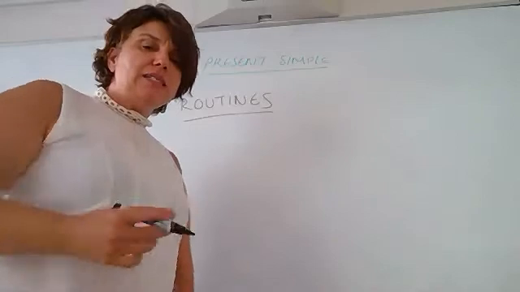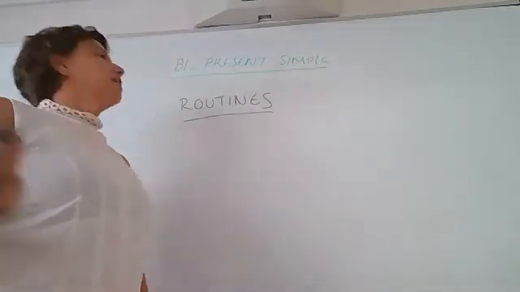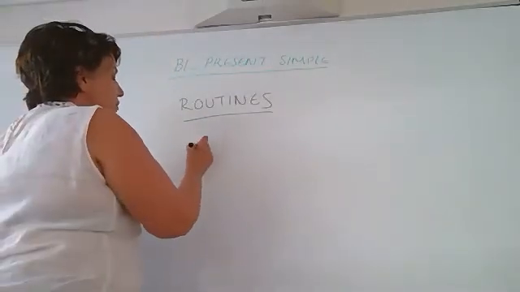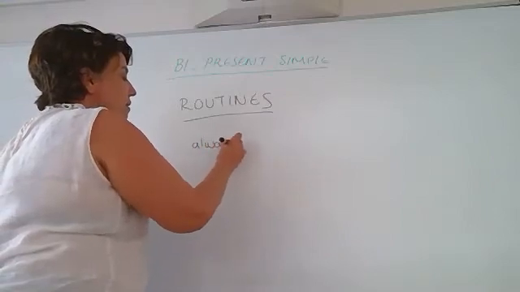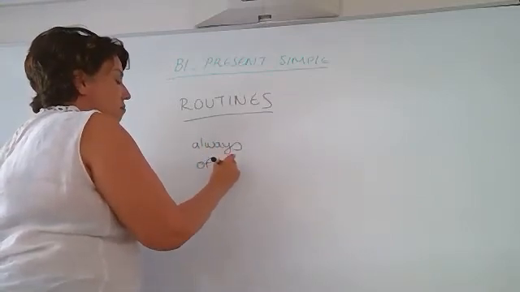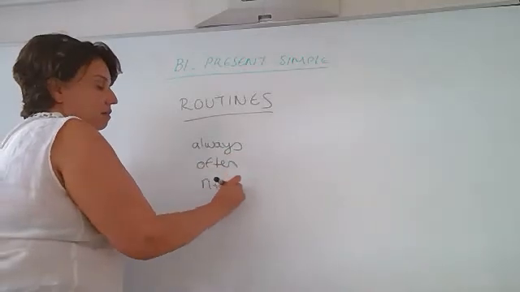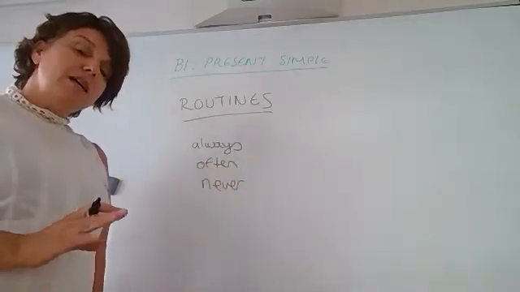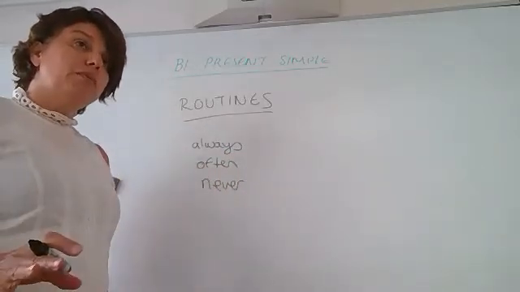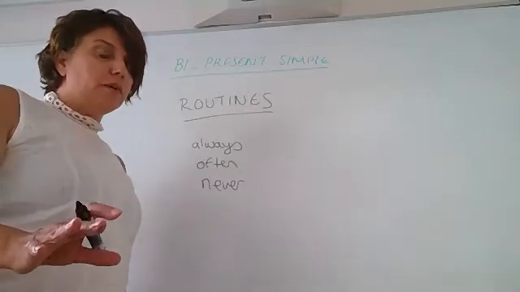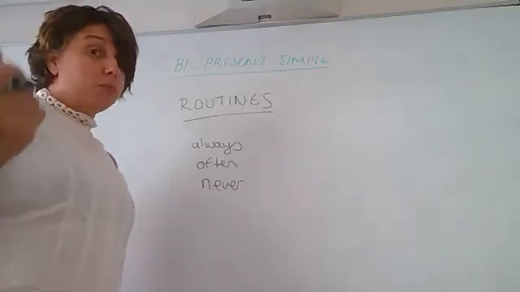So, let's see, where do we put these in a sentence? So let's say we've got always, often, and never, for example. If it's a normal verb, when I say a normal verb, I mean not the verb to be.